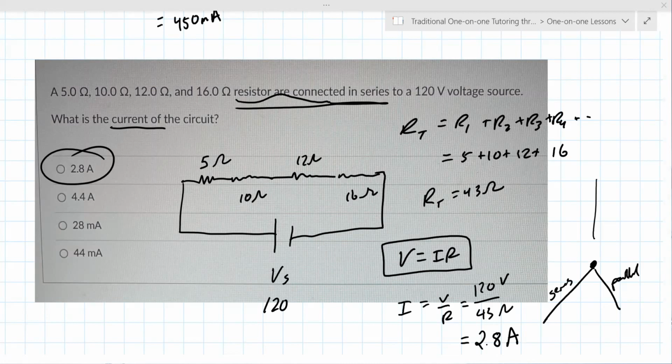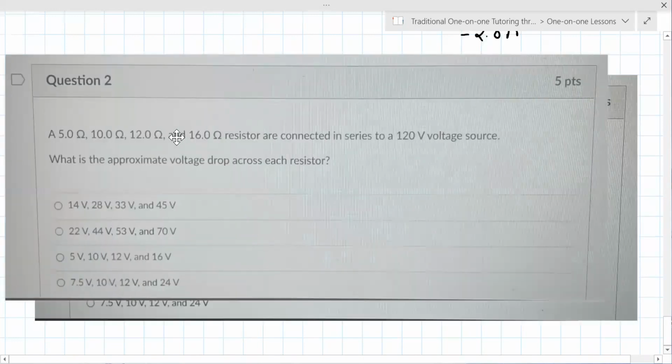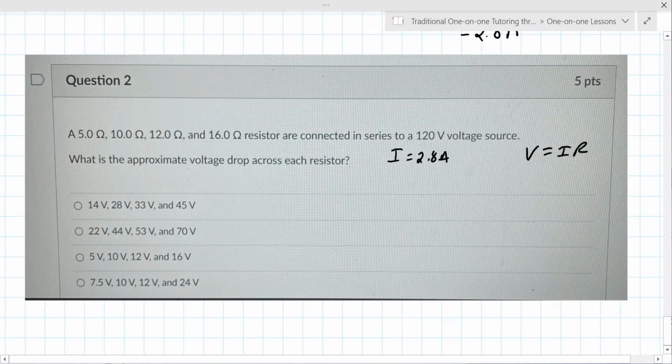So question two is related to that one. We'll just draw on the circuit. So there's 2.8 amps in the circuit. We found that from the previous problem. And so for the voltage, you always go back to this equation, V equals IR. To find the voltage, you take the current and multiply it by the resistance.